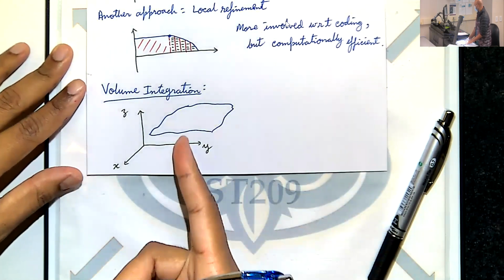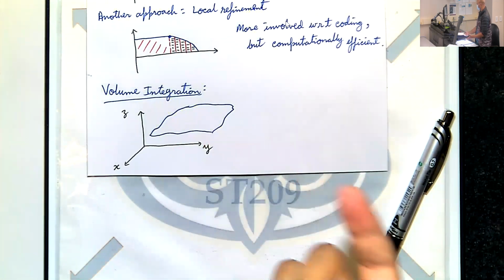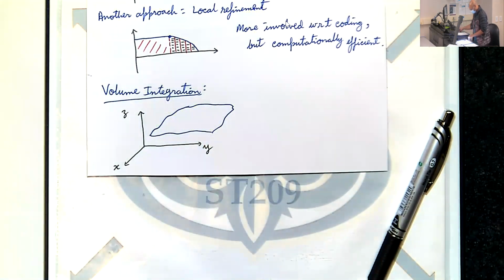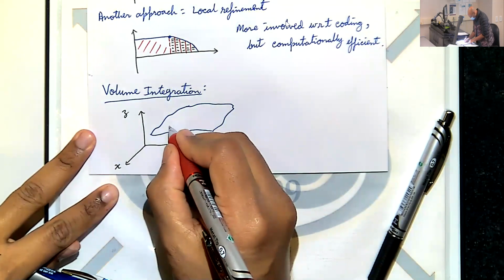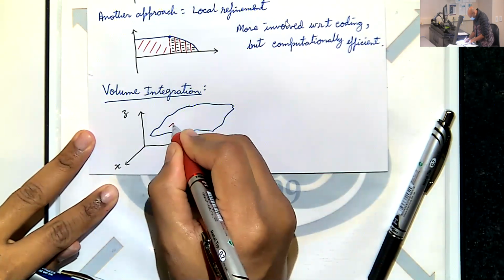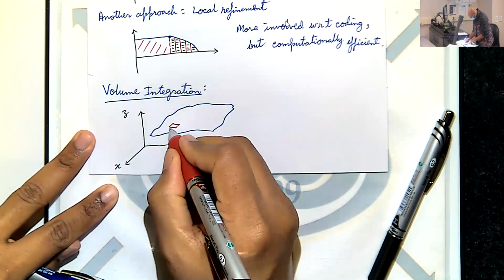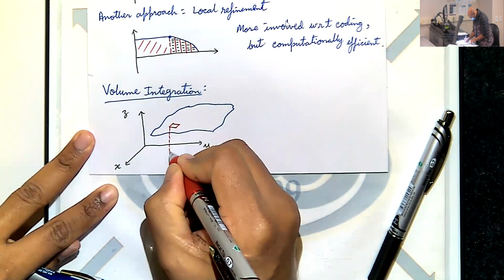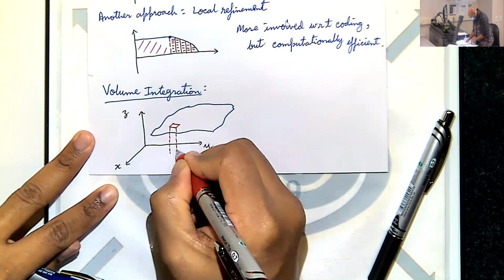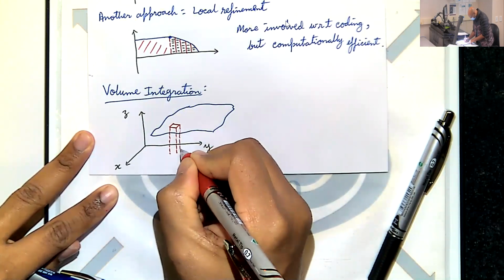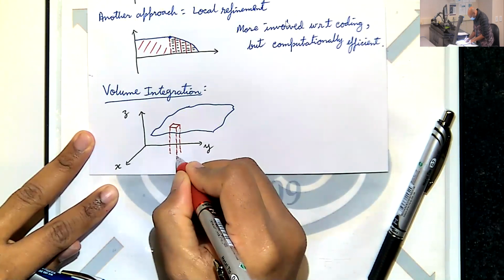Think of this as a surface, a three-dimensional surface hovering over the XY plane. And basically we cut squares and we project the volume enclosed by this small section.